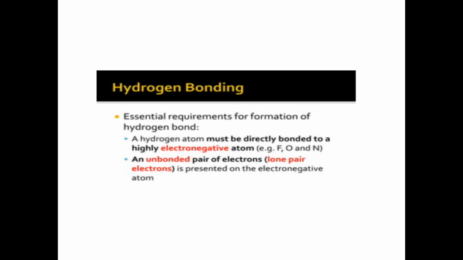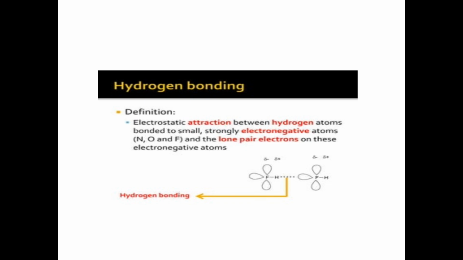So they usually attract the shared pair of electrons in the covalent bond toward themselves. And of course, this will result in the formation of a dipole, which leaves a partial positive charge on the hydrogen atom and a partial negative charge on the electronegative atom.